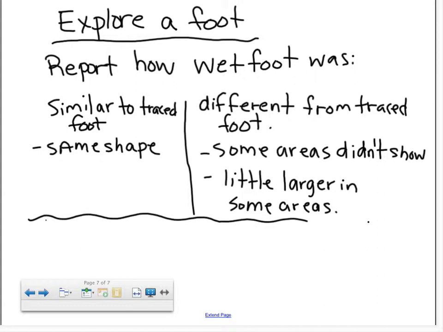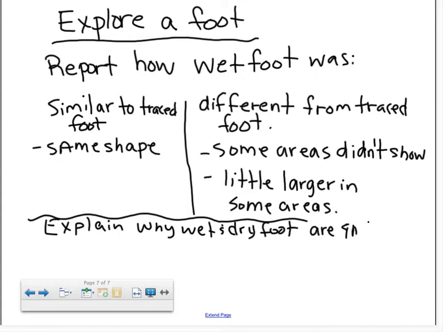Your bottom portion says to explain why wet and dry foot are important.